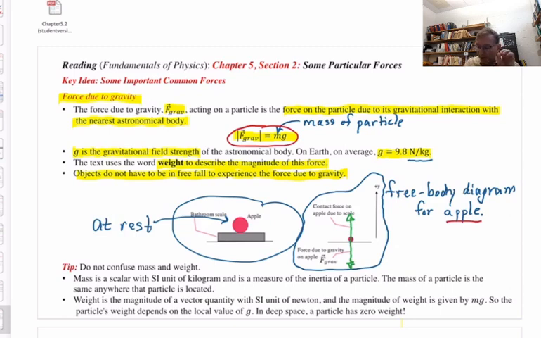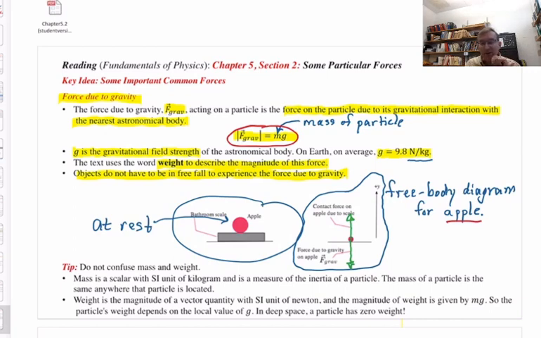I'm just going to call it the contact force on the apple due to the scale. The apple is in contact with the scale, touching it, and the scale then exerts an upward force because of that. Okay? And that's a free body diagram for this apple in this situation. Two forces, one vertically down, force due to gravity, one vertically up, contact force due to the scale.